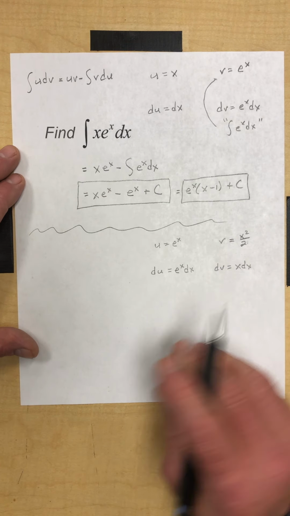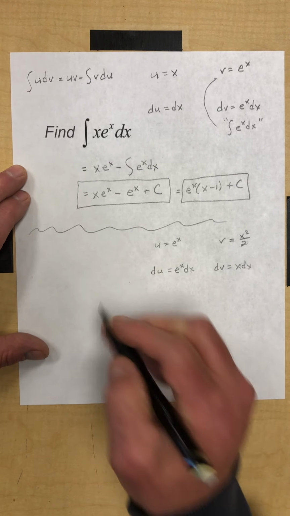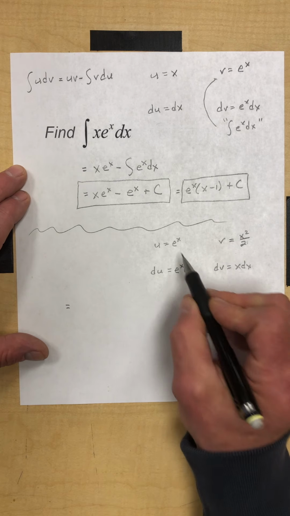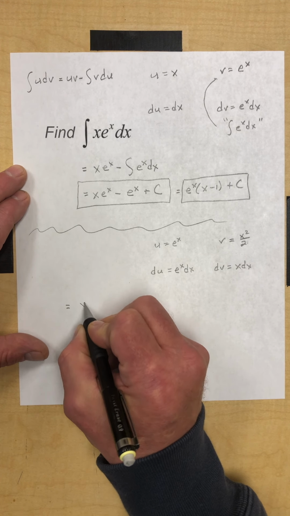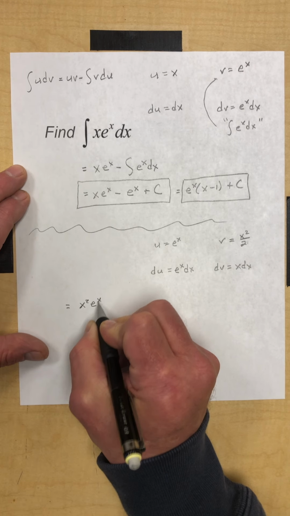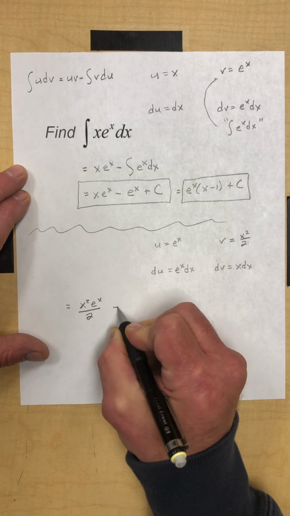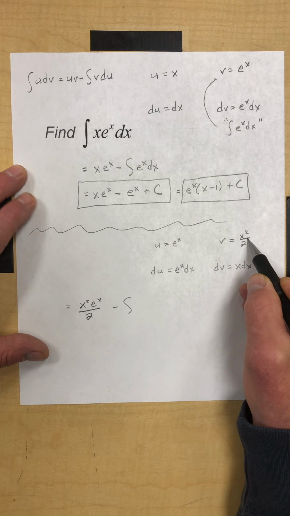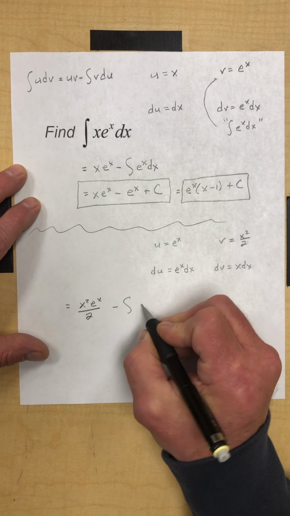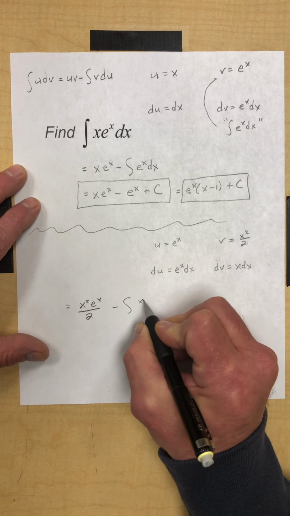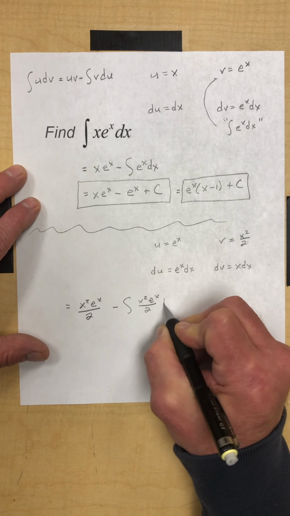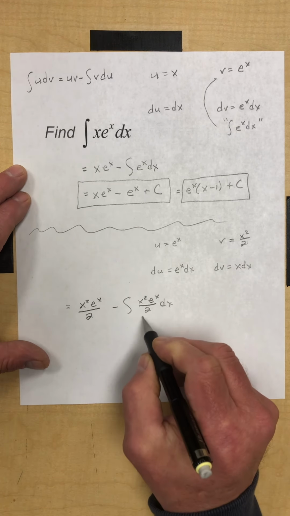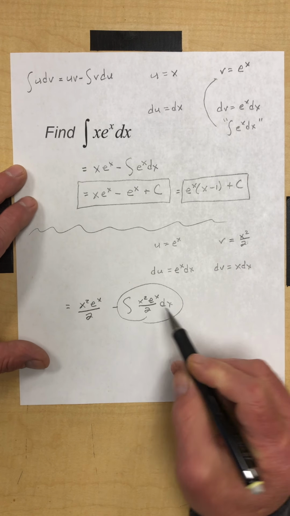So if you went about your business here and you said, okay, if I go uv, so I get x squared e to the x over 2 minus the integral of v du. Notice I'm going to get x squared e to the x over 2 dx.